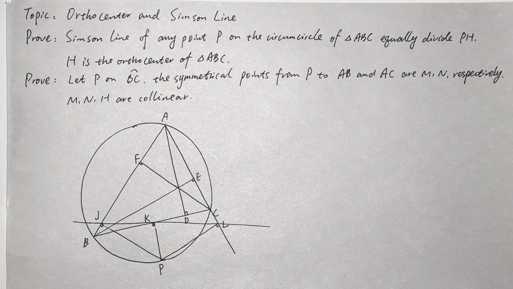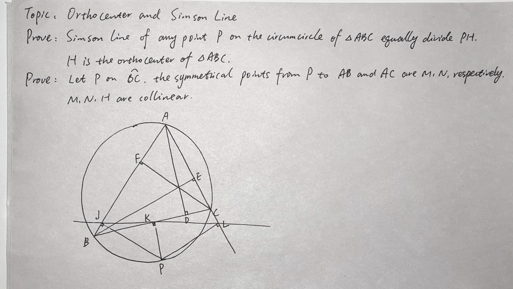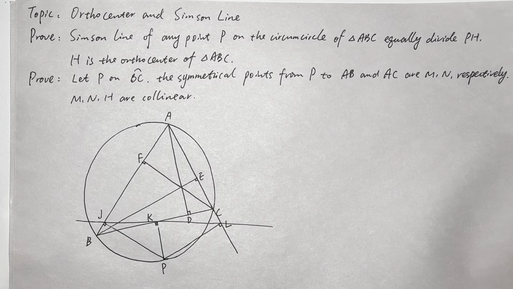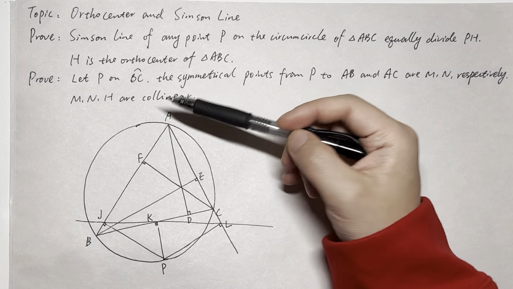So I want to put them together, and actually this is a very classic figure. Lots of problems can be thought of from this figure, and this can be very deep. Okay, let's just check out the two problems here.